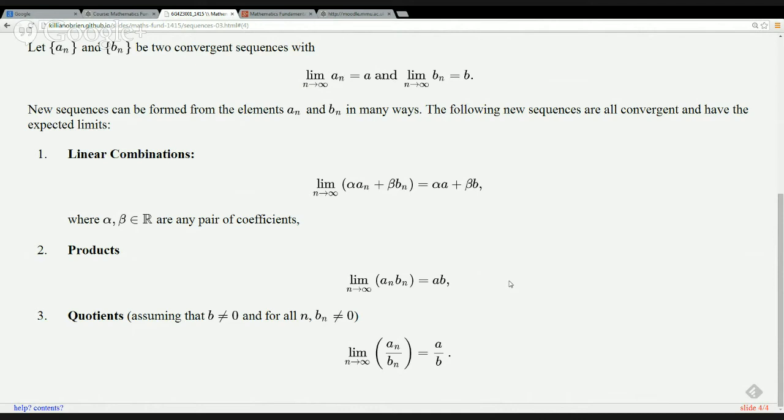So how can we use the fact that we can make them small to enable us to make this more complicated absolute value small? Well, when you begin to examine this, it's the absolute value of alpha an plus beta bn minus alpha a plus beta b. Right, that's the quantity star.